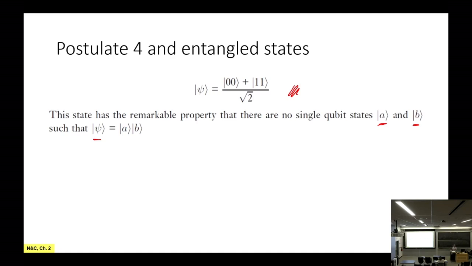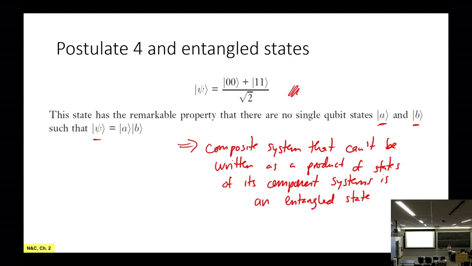So a composite system that can't be written as a product of states of its component systems is entangled. So entanglement is a basis-dependent result of superposition.